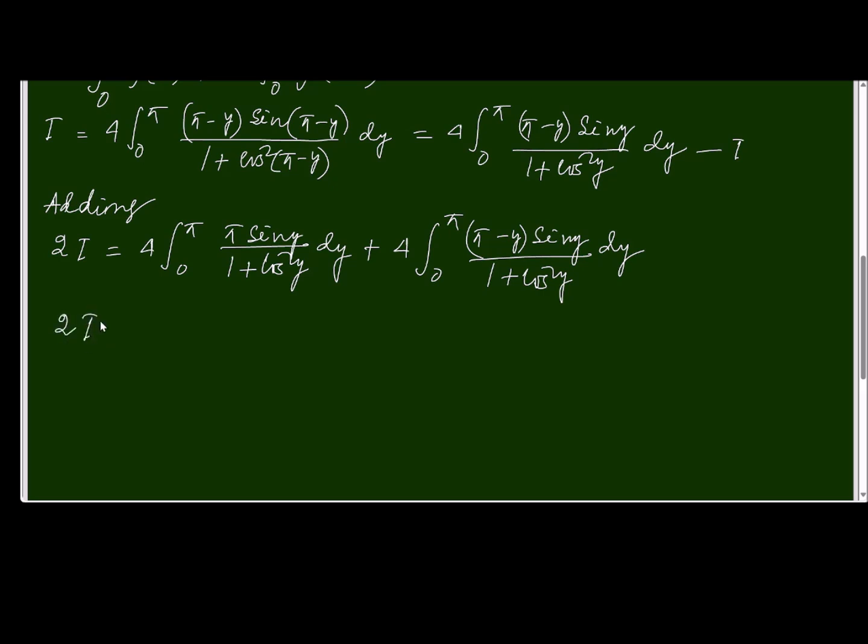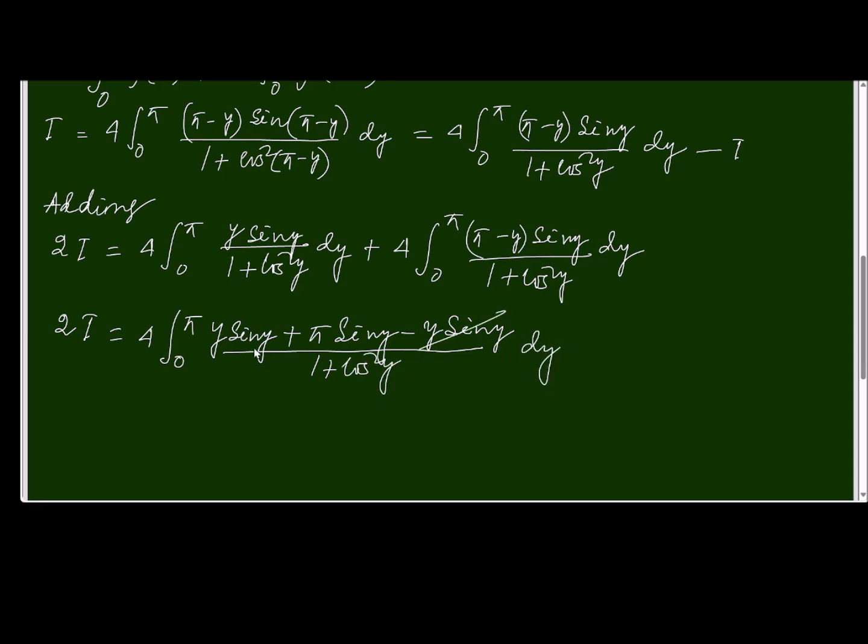On adding, I'll get 4 times the integral from 0 to pi of the numerator: first one was y sin y, and here pi sin y minus y sin y, whole over 1 plus cos square y dy.